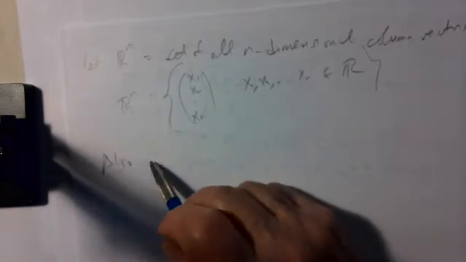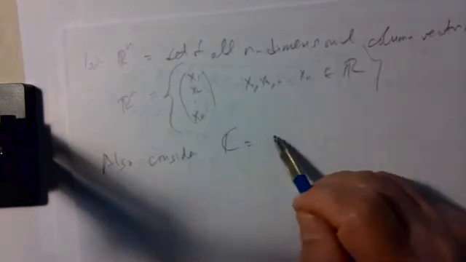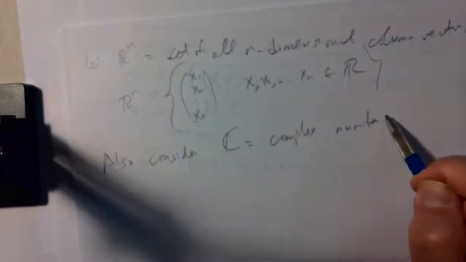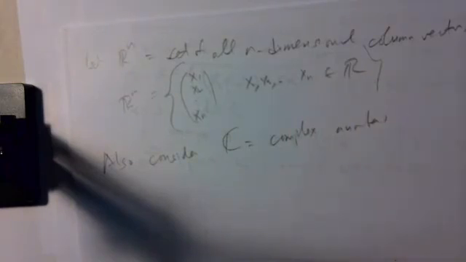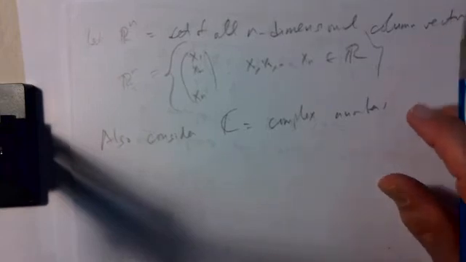In linear algebra, we also consider the complex numbers. If you're not familiar with complex numbers, before we start to use them, I will have a lesson in which I explain what they are.